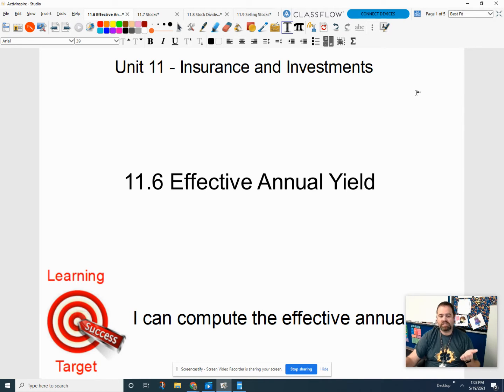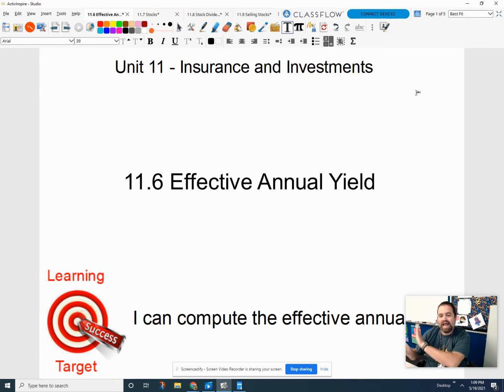Something with a 9% interest rate might earn you less than something with a 7.5% interest rate if the 7.5% is compounded monthly, whereas the 9% one is compounded quarterly. Because it was being calculated more often, you might wind up getting more money out of it. So this gets you a level playing field to compare investments.